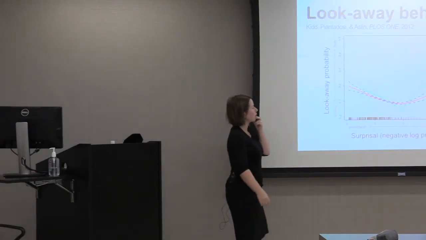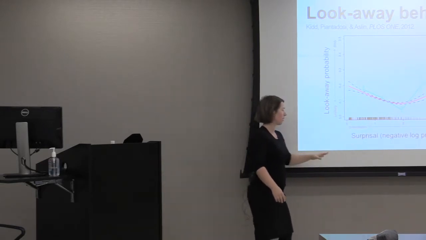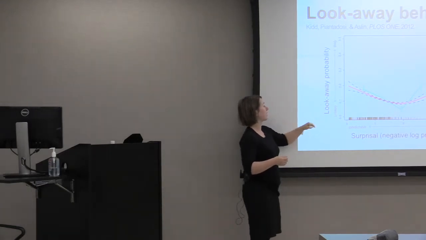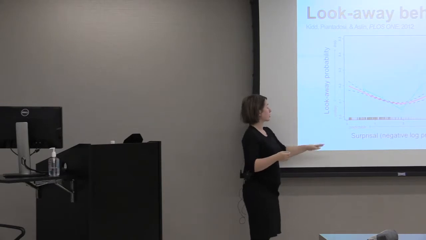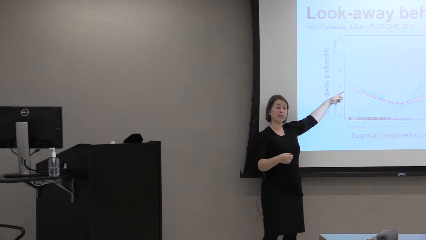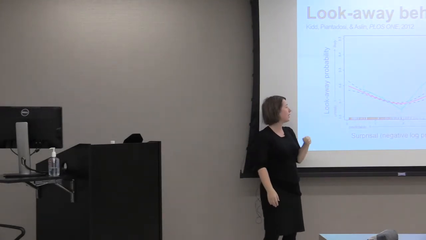And I'll skip and jump straight to the infant data. That's exactly the pattern that we see. So this, again, is the model's measurement of how predictable or surprising an event is in sequence. And this is infants' probability of looking away based on the surprisal measurement. So infants are very likely to look away when things are very, very predictable. So that's like lollipop, lollipop, lollipop 100 times, you get a lollipop again.